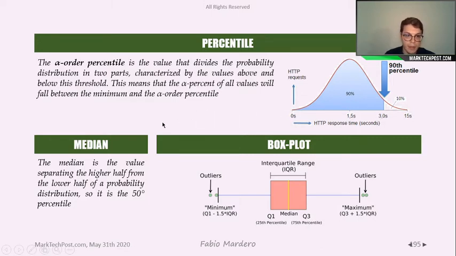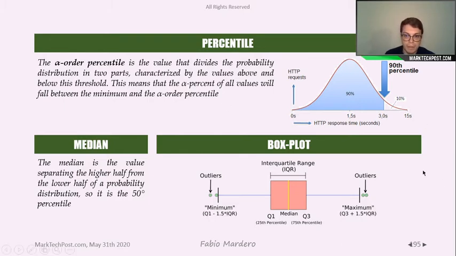The median is another statistic we can compute on the sample, and is the value that separates the higher half from the lower half of the probability distribution. So it's basically the 50th percentile.